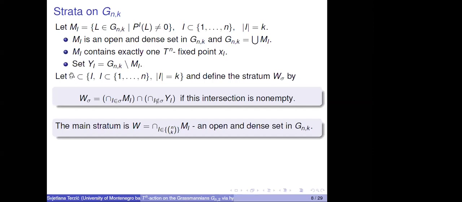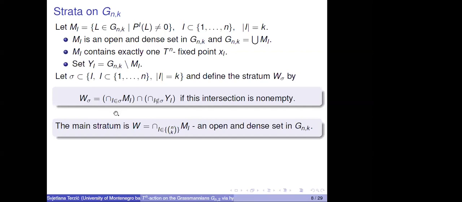Now, if sigma is some subset of the k-element subsets of the set 1 to n, then we consider the intersection of all M_I where I is indexed by sigma, and the intersection of all Y_I where I is not in sigma, and intersect these two sets. If we get that this set is non-empty, we say that such a set is a stratum.